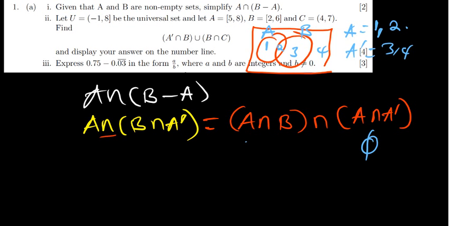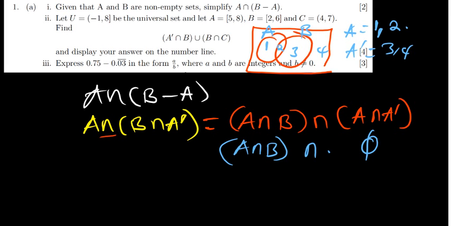Then here I have A intersection B, then I have intersection. Do you think we can have a number which is found in A intersection B and in the empty set? So what is A intersection B intersection empty set? It's not union.